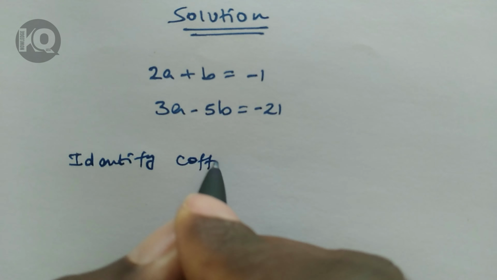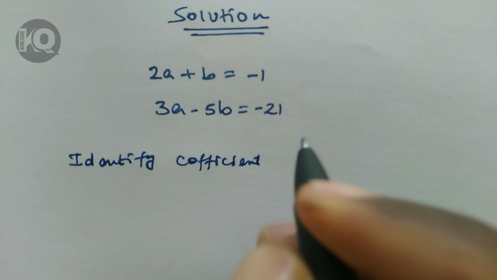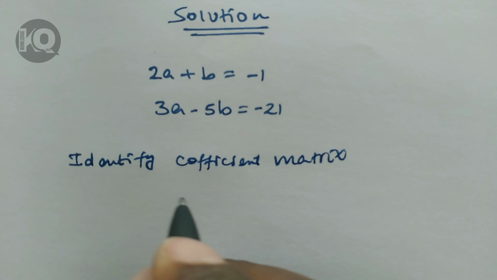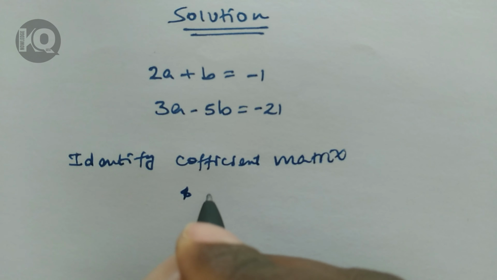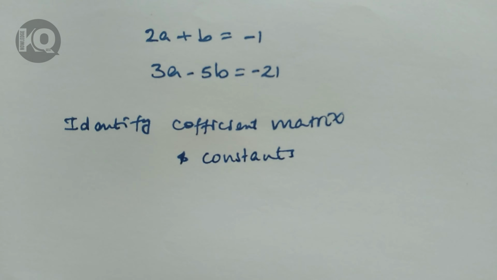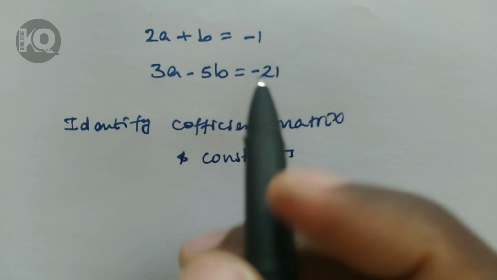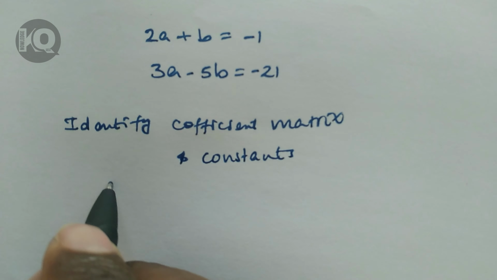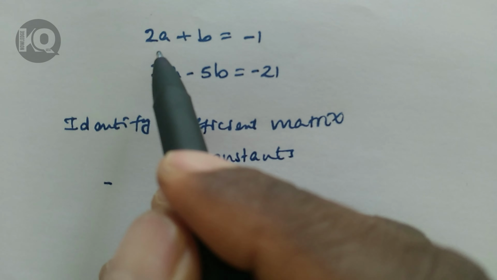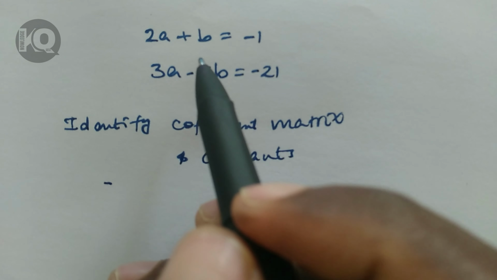Identify the coefficient matrix and also the constants. From this given linear equation, the coefficient matrix will be the coefficients of the unknown values, that's a and b.